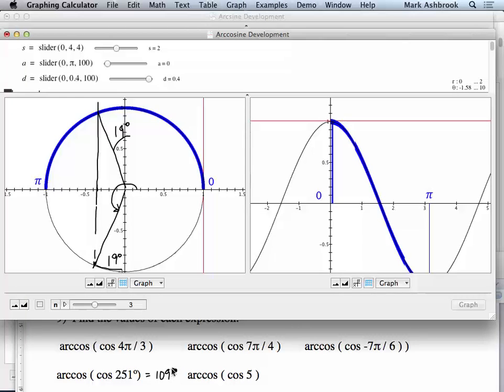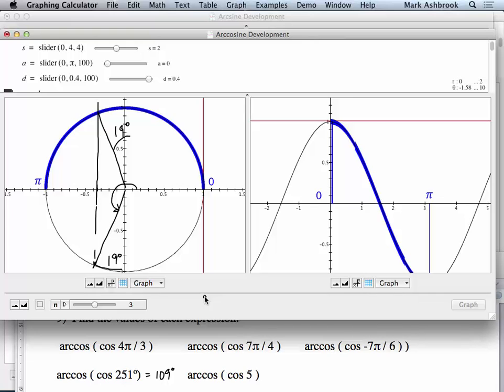Agree with that? Do it in your calculator, quick, if you haven't already. Yeah, 109, right? Cool. All right, last one, arccosine of cosine of 5.